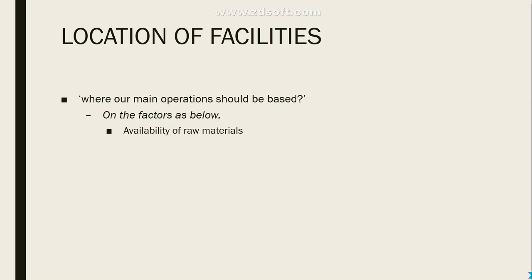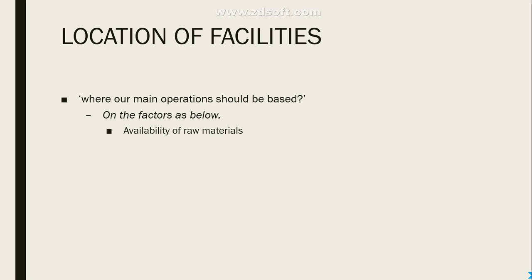You have to pay transportation cost in order to make sure you receive raw materials at your production unit. So that's the reason you have to choose an ideal location which is very feasible for you as a production system to get your raw materials.